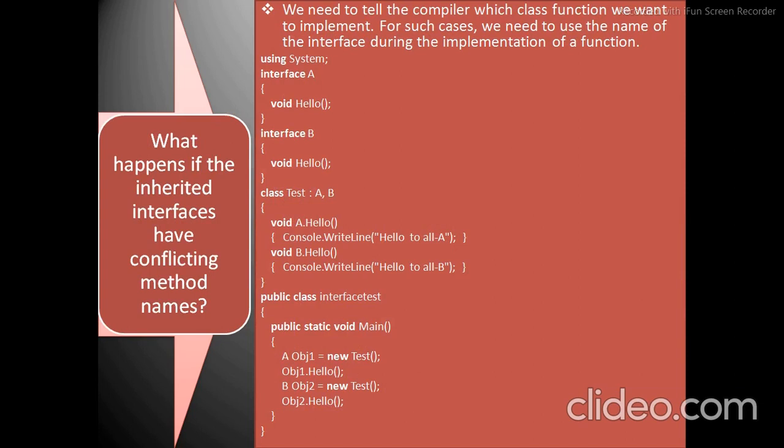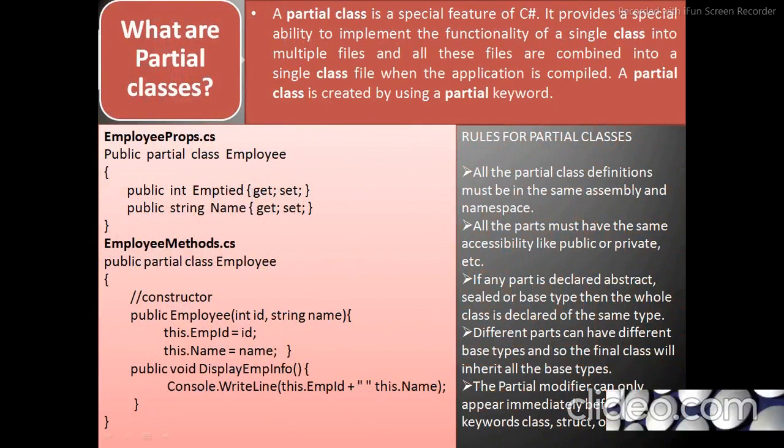So here is an example in which we have interfaces A and B, and the class Test is inheriting both A and B. We are accessing them by their interface name, so that we can call both the functions, Hello of interface A and Hello of interface B.